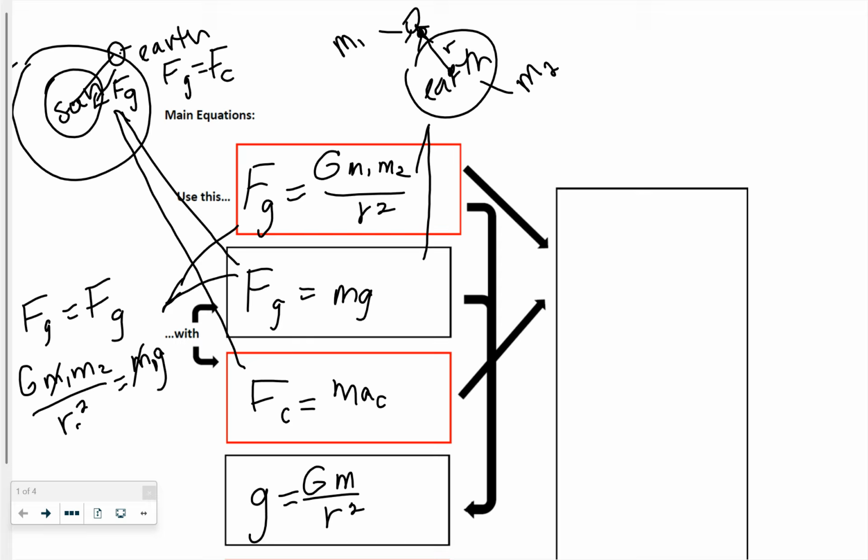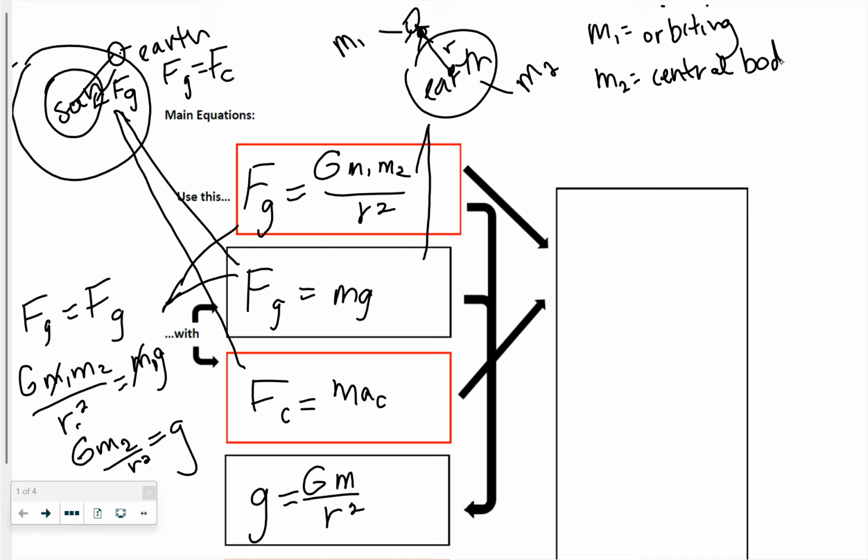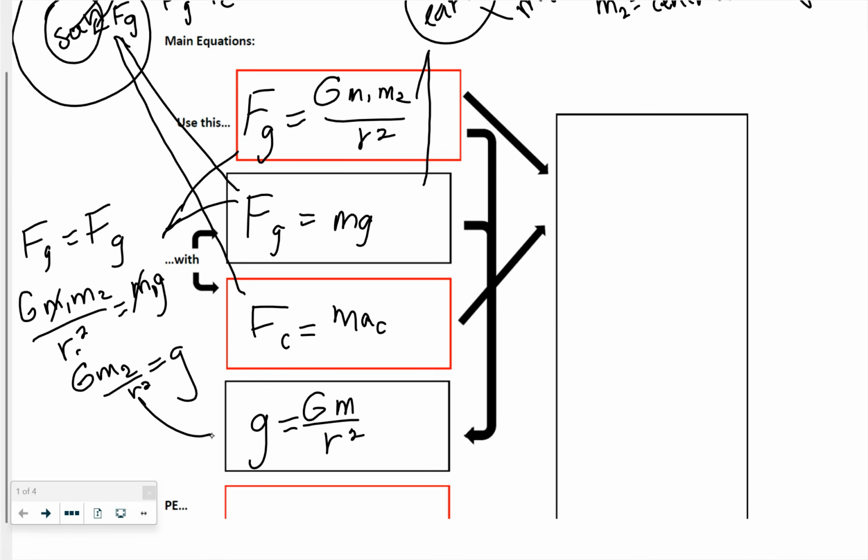So m1, the mass of the object standing on the central body, cancels out, and you're left with big G m2 over r squared is equal to little g. But the m2 in this case is the central body, so I'm going to define that over here. M1 is the orbiting body, or whatever body is standing on the other one, and M2 is the central body, just to keep those clear. So that's where this equation comes from. Ta-da! We derived it there. It's a simple one-step equation.